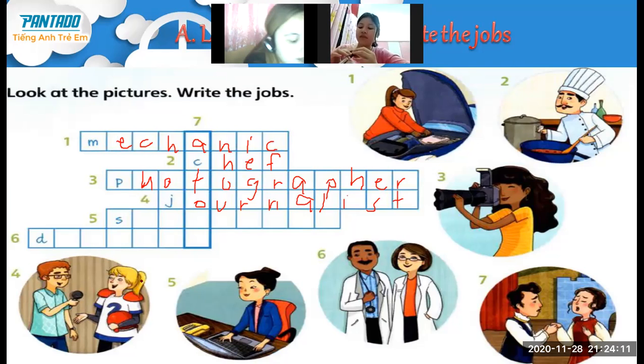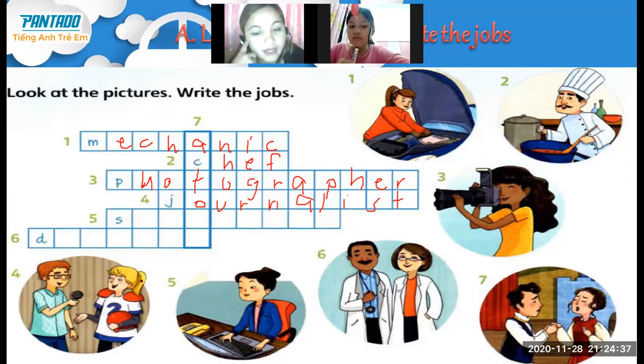So she works in an office. Then what do you call her? When you work in an office, then what do you call that woman?